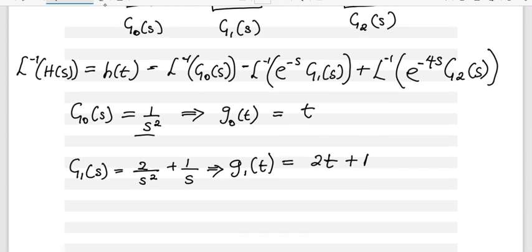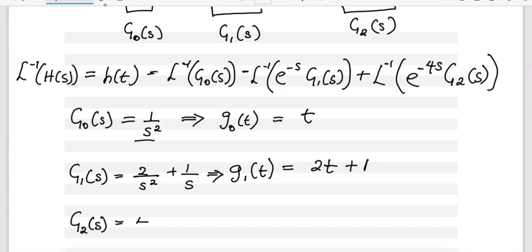And then last but not the least, our g2 of s, which is 4 over s cubed minus 1 over s, implies that our g2 of t, by finding the inverse of g2 of s, will give us 2t squared minus 1.